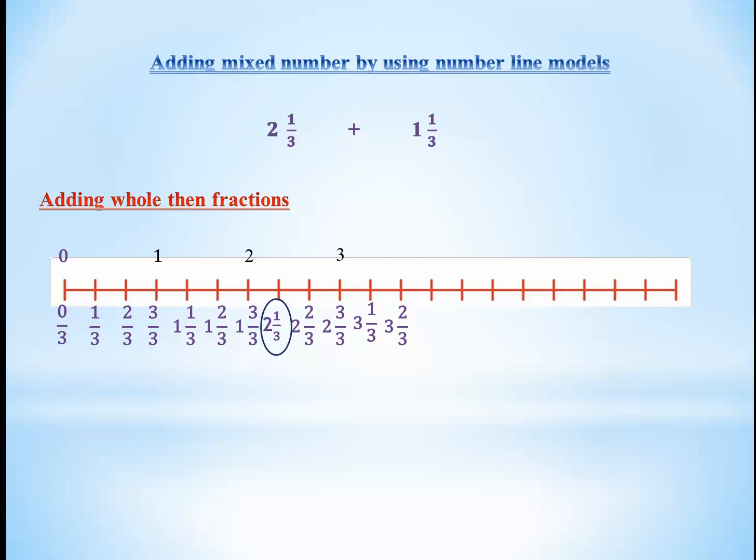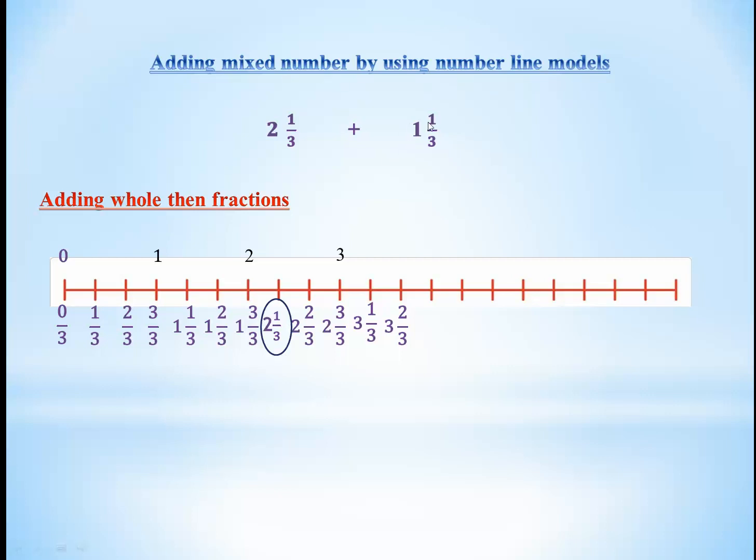From 0 to 2, 6 steps. Between each two numbers, not each two fractions, between each two numbers, we have 3 steps.